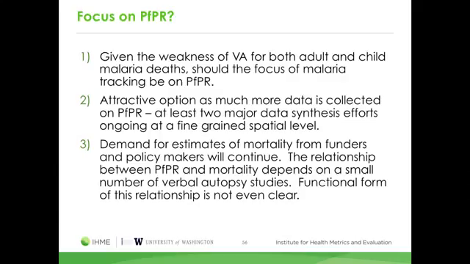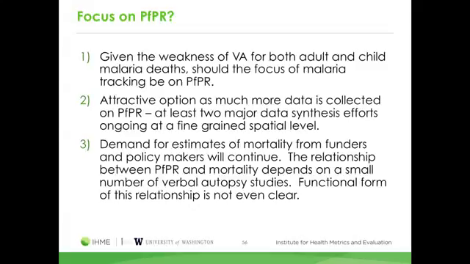What about PFPR? What about the argument that says the world's collecting lots and lots of data on PFPR? We have two very distinguished groups in the world trying to synthesize the data on PFPR. Why don't we just skip the business of estimating mortality and morbidity from malaria and just track PFPR? That might be the right programmatic strategy.